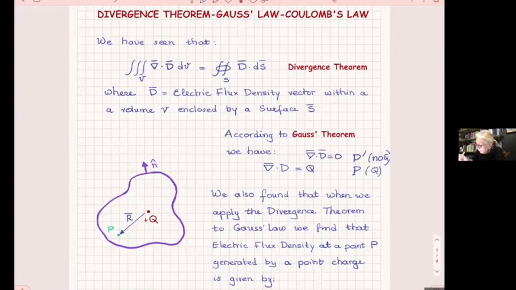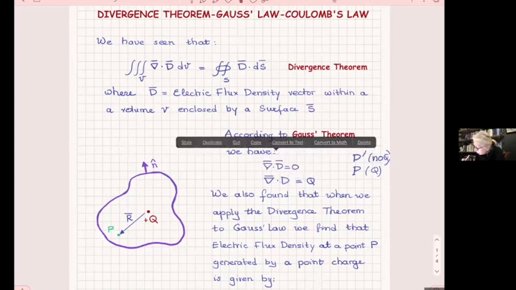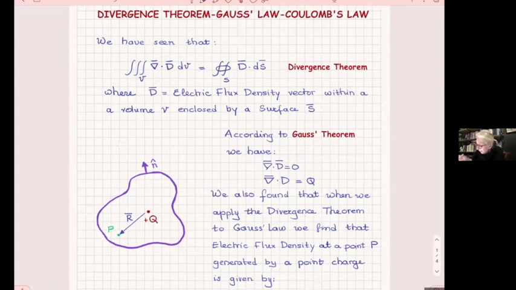So practically, if I am to be complete here, I would say that these are the two relationships. Here is where there is no charge at that point, and here, charge Q. So wherever there is a point charge, the divergence of D at that point is Q. If there is a charge Q at that point.